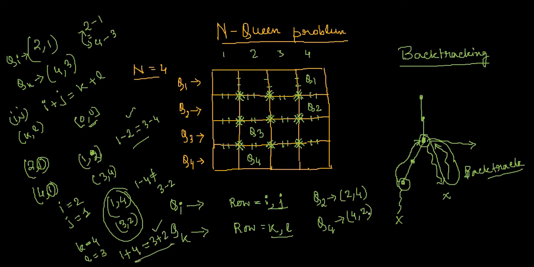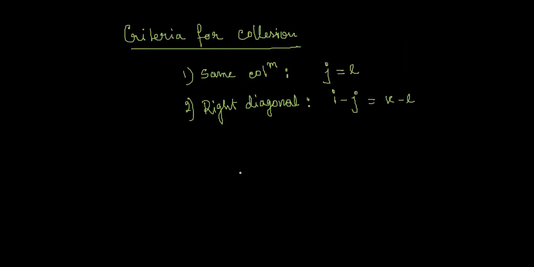Similarly, you can write 2 plus 4, where this is i, this is j, this is k, and this is l. So 2 plus 4 equal to 4 plus 2. Yes, this is correct. So that means if we have our left diagonal, I can say the equation i plus j will be equal to k plus l.